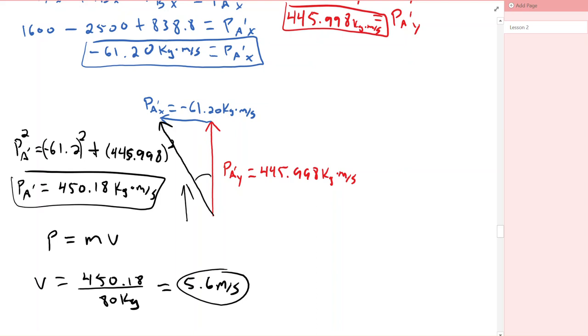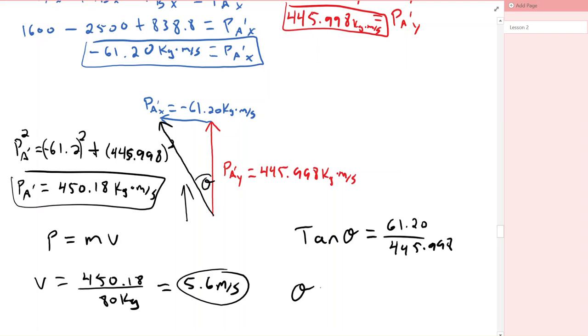Now we just need to figure out the angle. So I'll use tan. It doesn't really matter. Theta is equal to the opposite, 61.20, over 445.998.